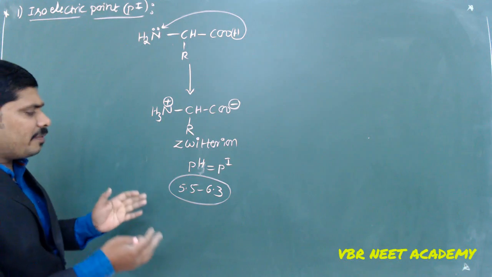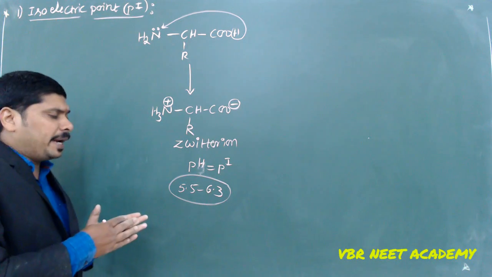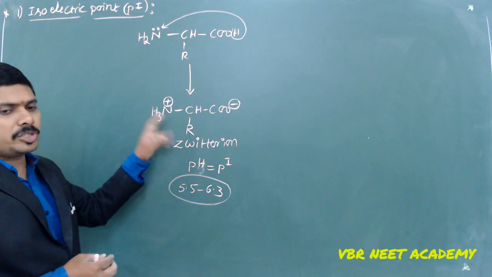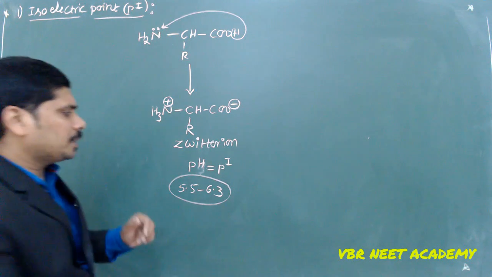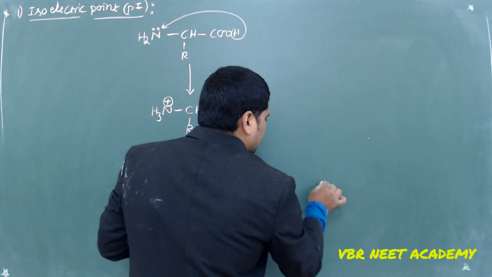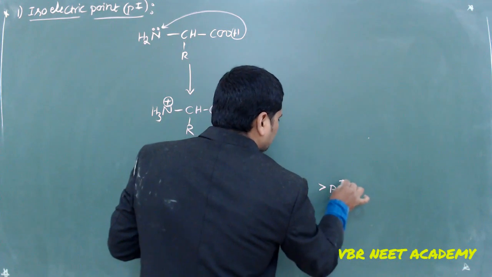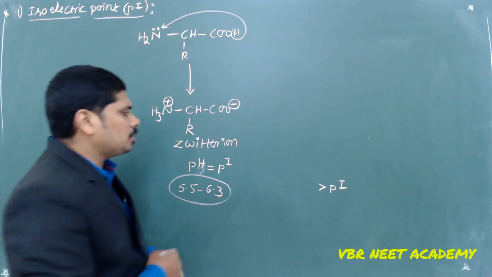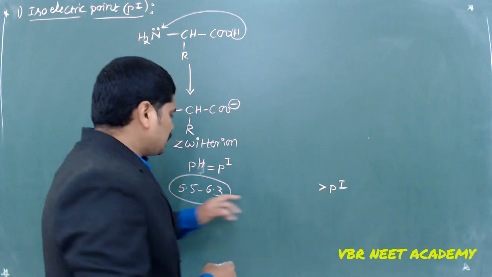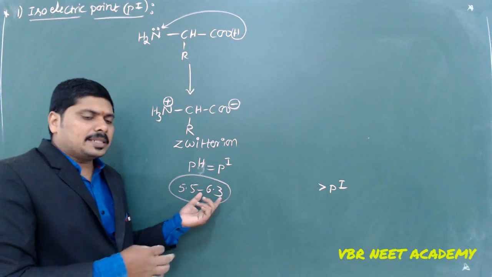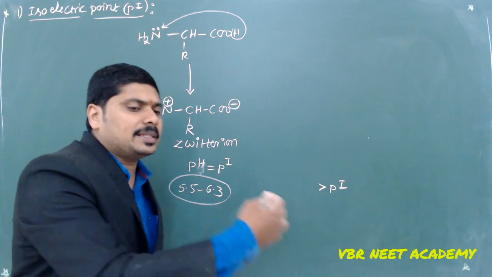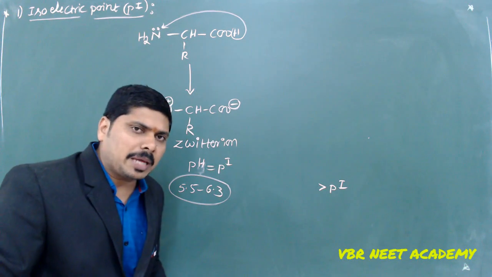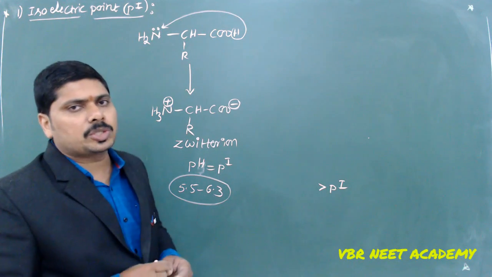So if the pH is maintained at 5.5 to 6.3, the compound exists in Zwitter ionic form. Say, for example, I maintain a pH greater than pI, greater than 6.3, say greater than 7. It is a basic pH. In basic pH, OH minus ion is present.